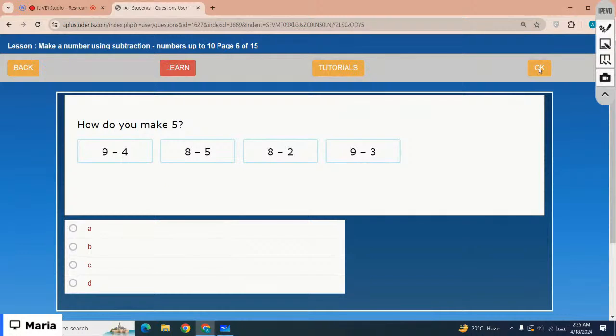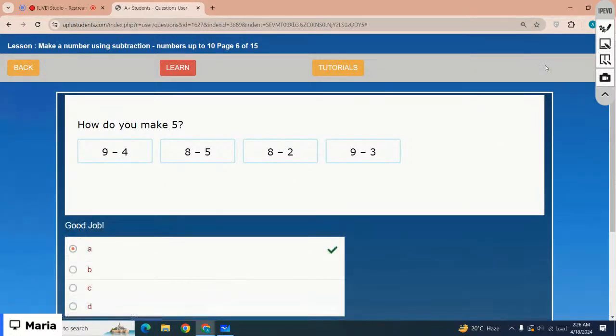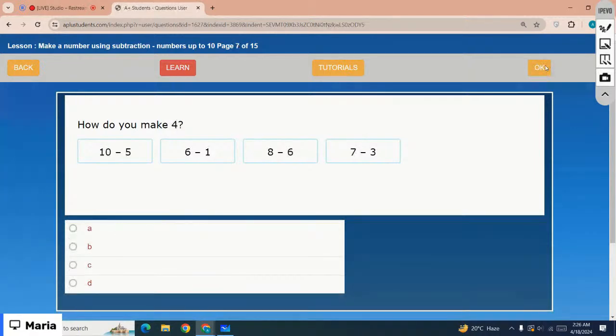The correct option is 9 take away 4. Option number A is the correct option. Very good. How do you make 4, which is the correct option?